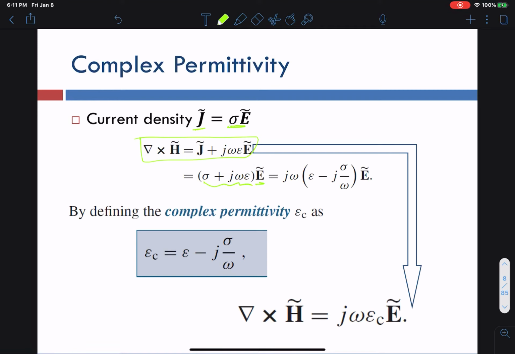If I take the j omega out, I have epsilon minus sigma over omega. This is called the real part of the permittivity. This is the imaginary part of the permittivity. Completely, it's called complex permittivity. So I can replace this one by epsilon c, then this equation becomes this one over here.